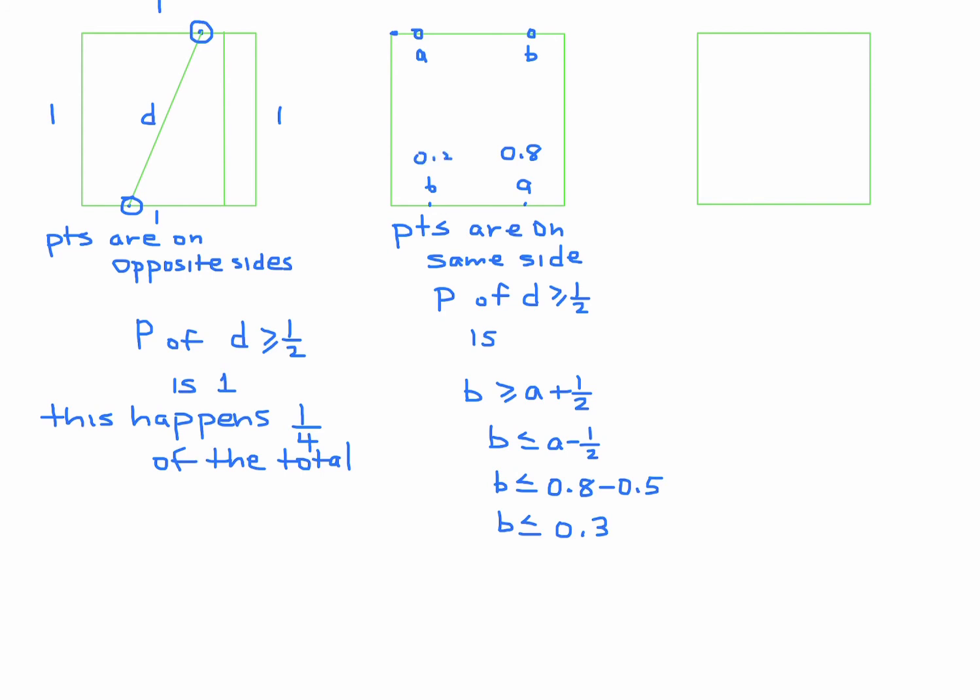So let's say B is 0.2. That indeed would make the distance from A to B greater than or equal to a half. So those are the two inequalities that must hold true.